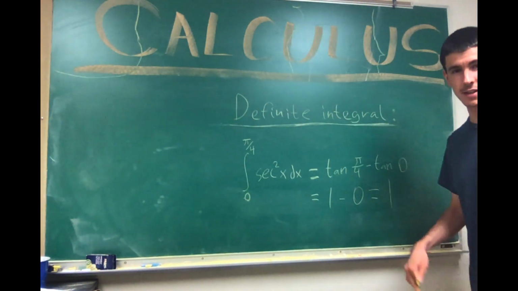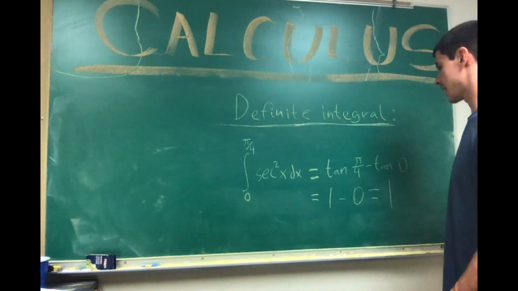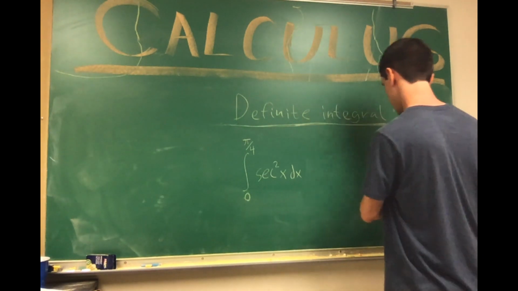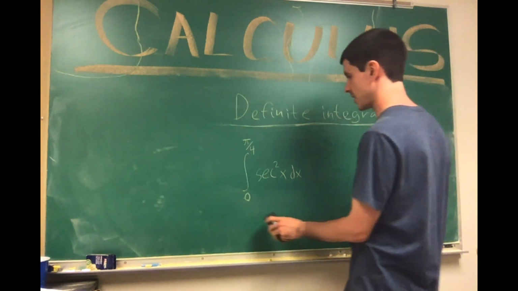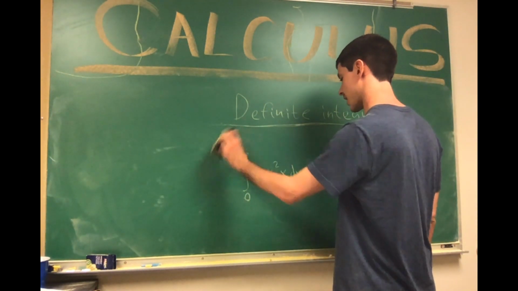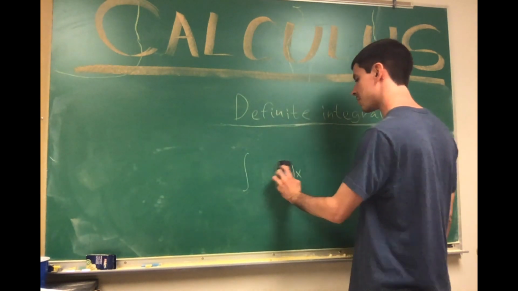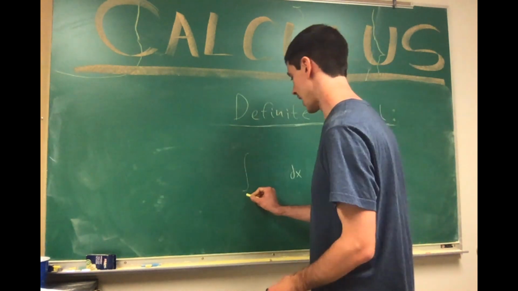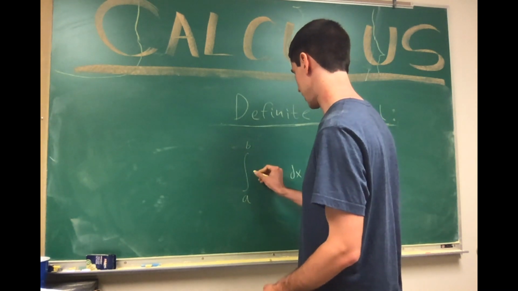So the definite integral is more concrete, but yet mathematicians like to be abstract, and so even though this is concrete, oftentimes the concrete numbers will be denoted by an a and a b.